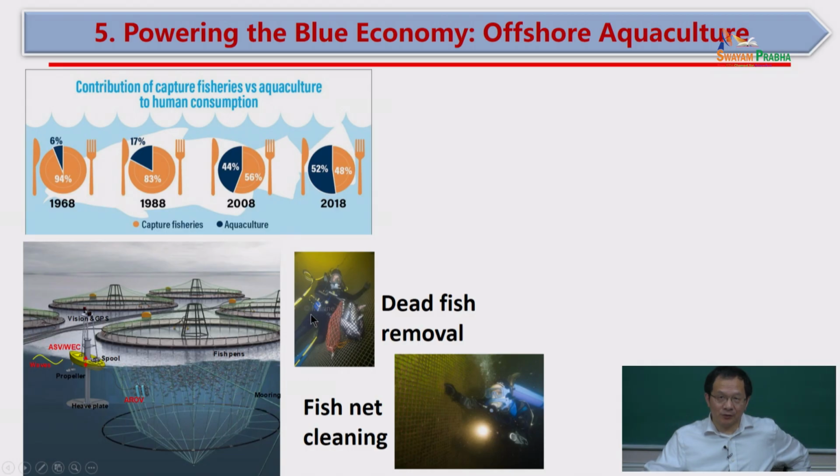The two most important things they need: one is fish net cleaning. So far, they have to use divers to do the cleaning work every month. Another is dead fish removal. If there are dead fish there, big marine wildlife will come, and break up the net. So they also use a diver to do this work.